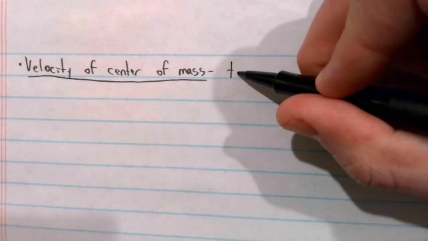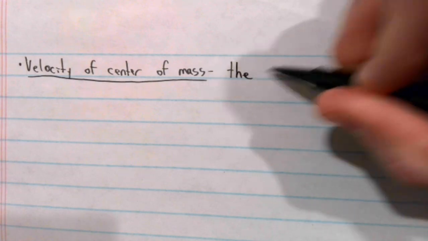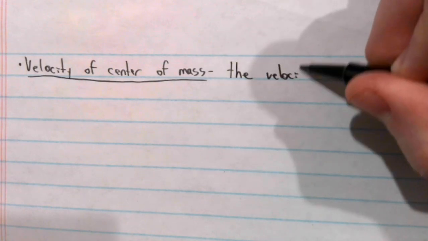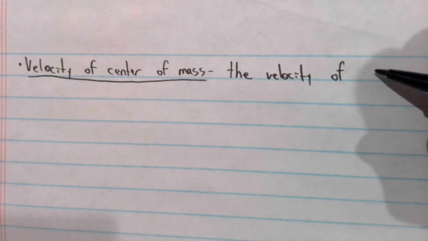Velocity of center of mass. It is kind of like how a center of mass is the average position, the average location of the objects. Velocity of center of mass is the velocity of... Oh, snap.